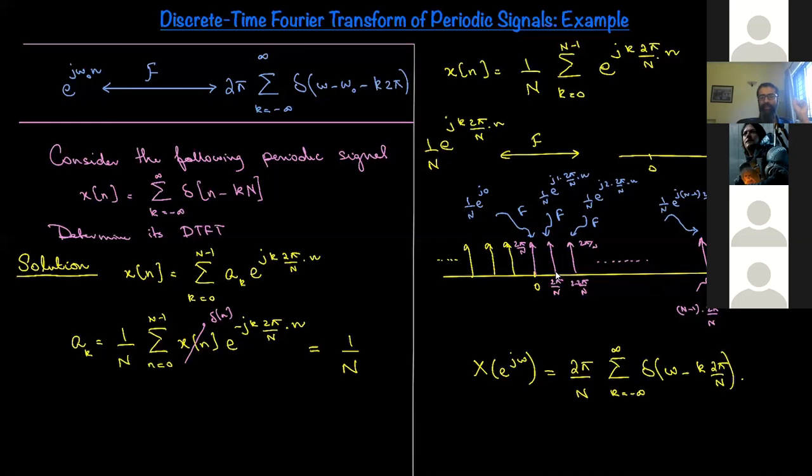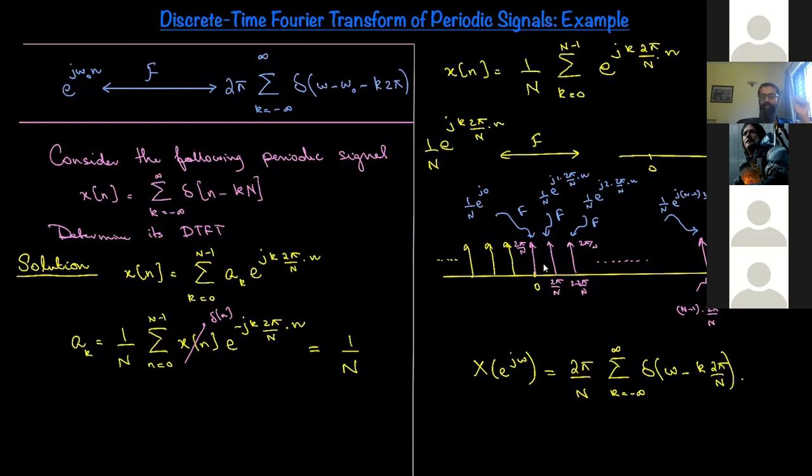This is the Fourier transform of the term 1 upon N e raised to j times 1 times 2 pi by N, so k equals 1 here. This is the DTFT of the term corresponding to k equals 2 and so on and so forth. The k equals capital N minus 1 term comes here at the end. So this is one copy.